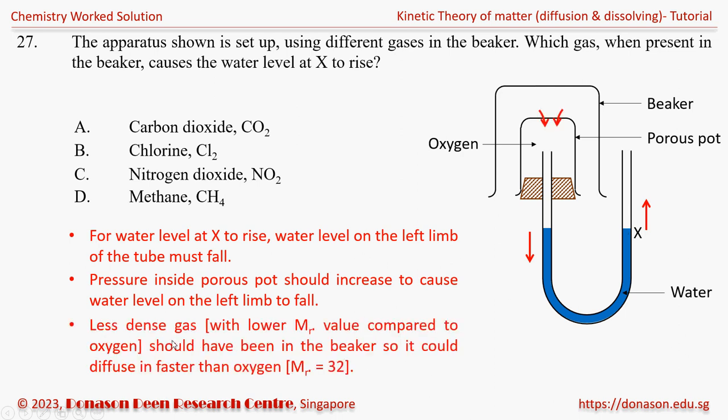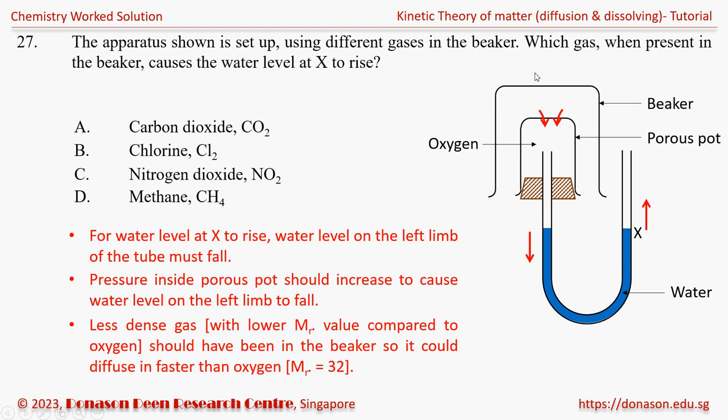A less dense gas, one with a lower MR value compared to the oxygen inside the porous pot, should be in the beaker so that it could diffuse in faster in comparison to oxygen with an MR value of 32. Oxygen is going to diffuse out, of course, but the gas inside the beaker should be able to diffuse in much more quickly compared to the oxygen diffusing out.